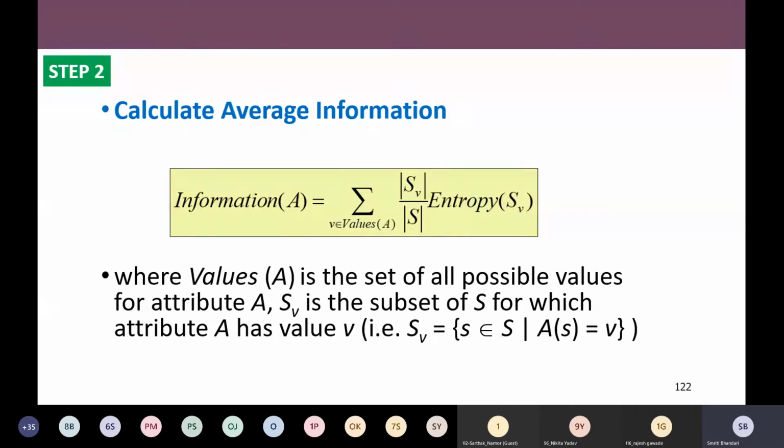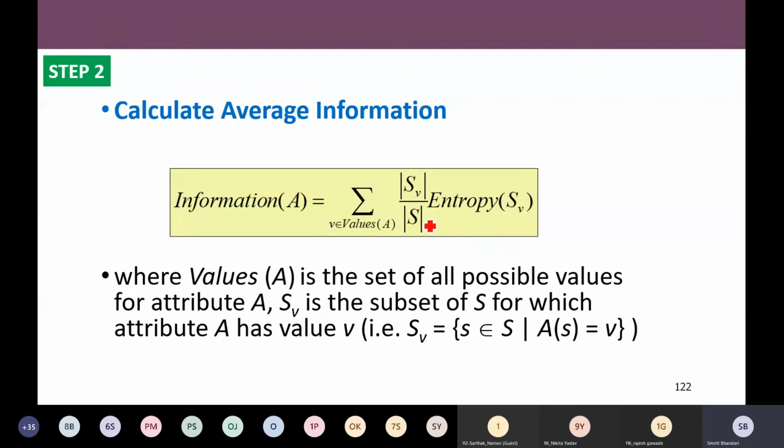Then in step number 2, we are going to calculate average information. I am giving you the formula to compute average information, and then we are going to apply this to our running example. Information for attribute A is computed as the summation over v belonging to values of A. What does this mean?